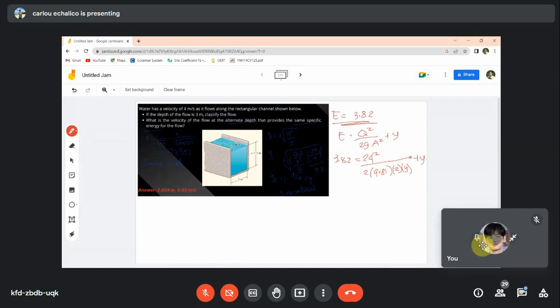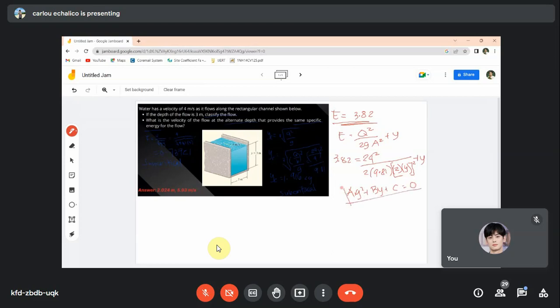Plus y. So karon, remember na naka-square din siya. Pwede na mo mag-shift solve, or kung ma-simplify pa ninyo na siya into ay squared plus by plus c equals 0.